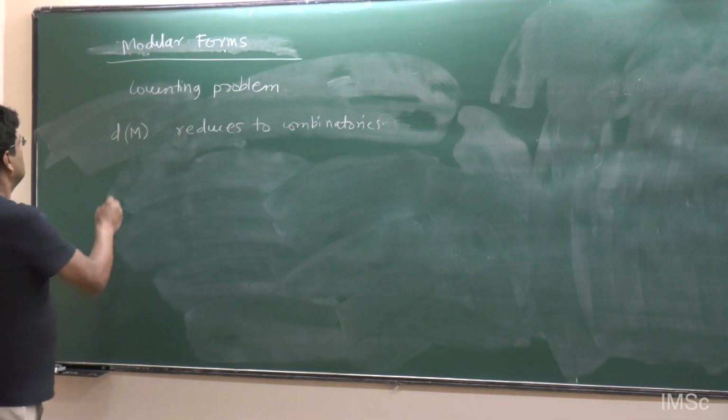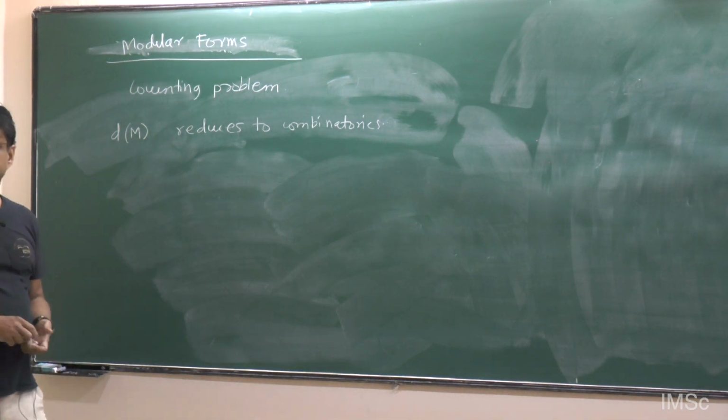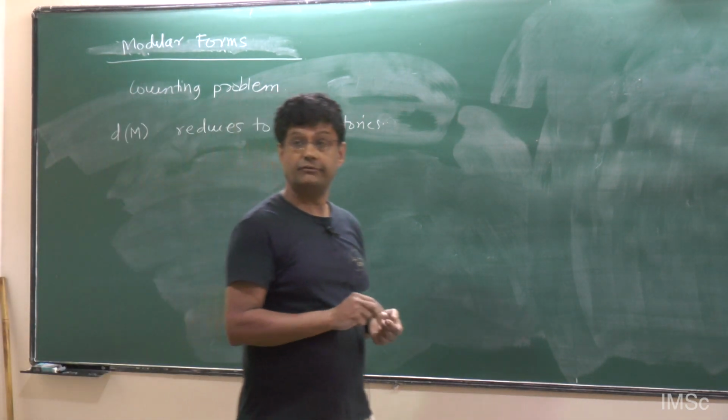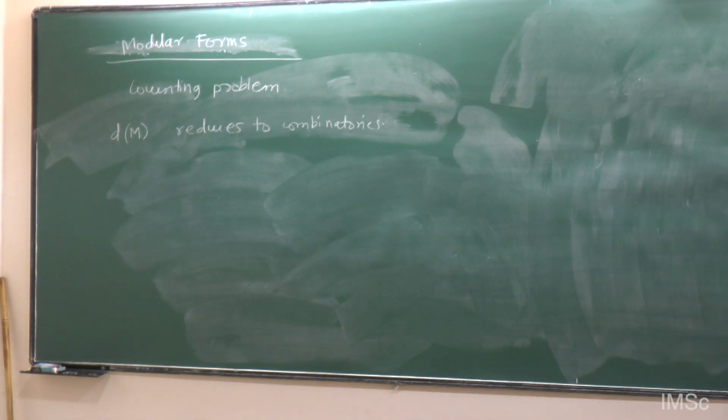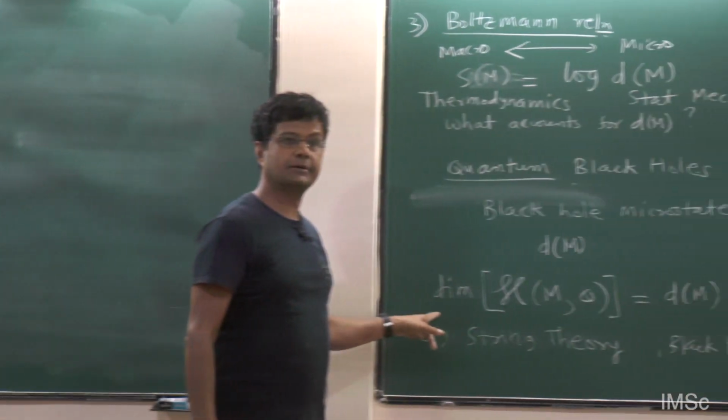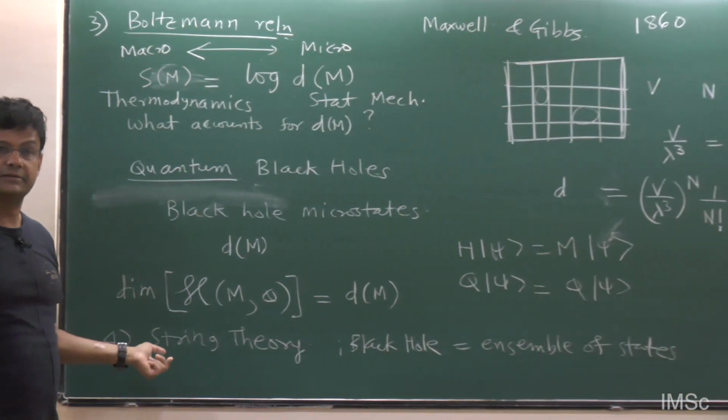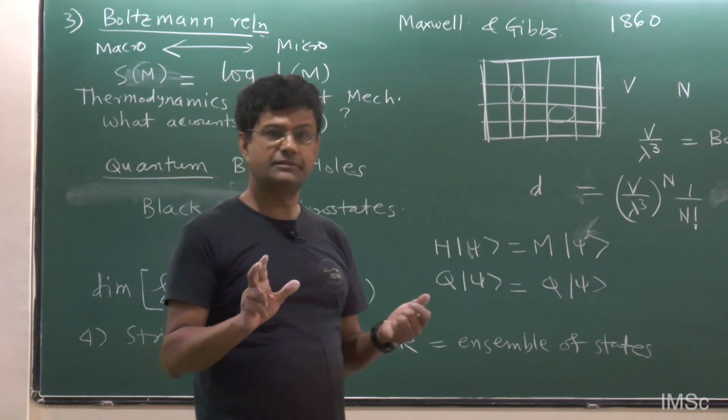So if you want to explain the entropy using the Boltzmann relation, then we have to be able to compute d of m in some way. And computation of d of m is generically a hard problem, but fundamentally the problem is about computing the dimension of some Hilbert space. So it's a well-defined problem.